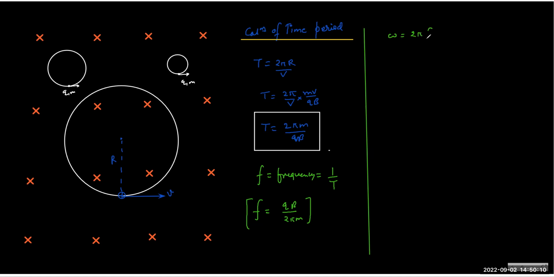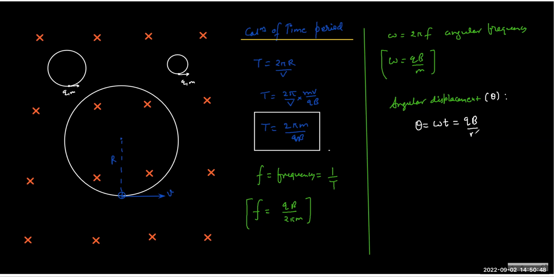Omega equals, or you can say angular frequency, and that will become QB by M. And so you can say the angular displacement theta equals omega t, and this equals QB by M into t.